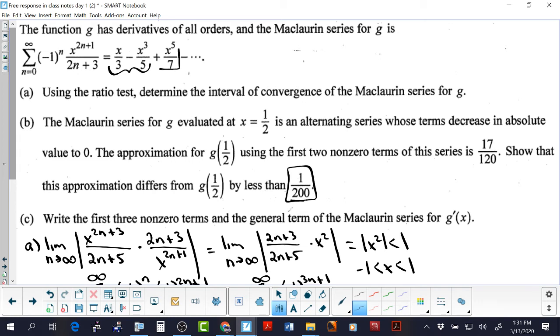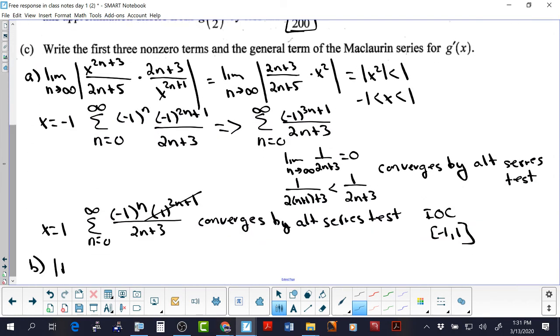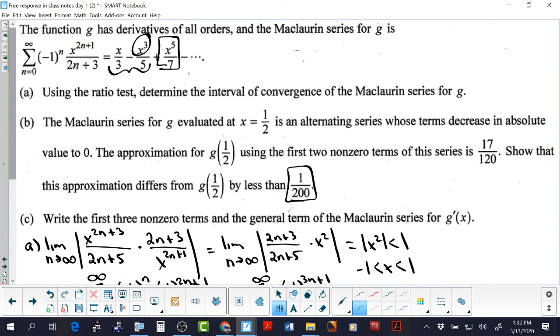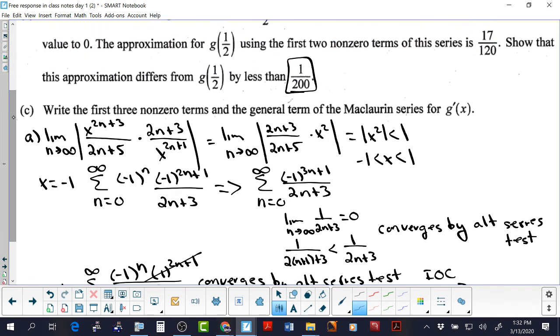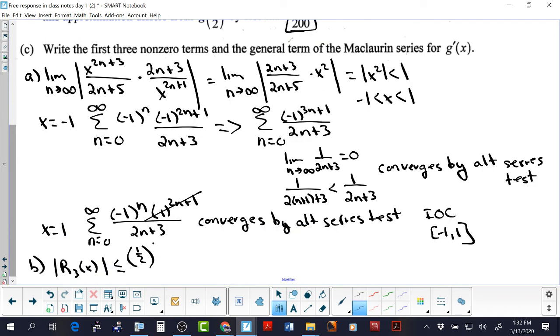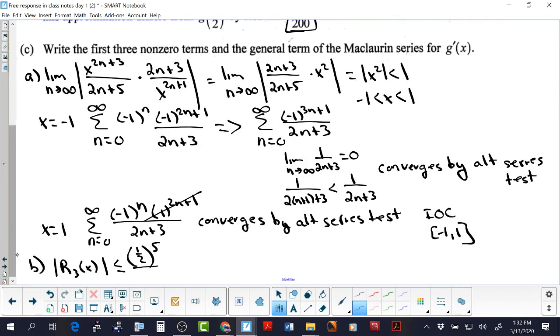So we're going to use the first omitted term to decide that. So for letter B, we can say the absolute value of the error of the third degree is less than or equal to 1/2, because that's what we're plugging in, to the 5th over 7, over 7.